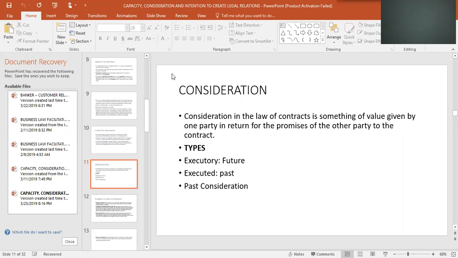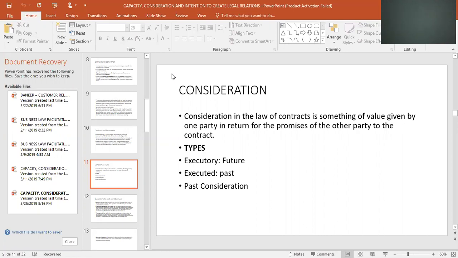So where we have the consideration in the agreement being in the future, then we term it as executory consideration, because I expect Yvonne to wash my car for me before I give her the 20 Ghana cedis.